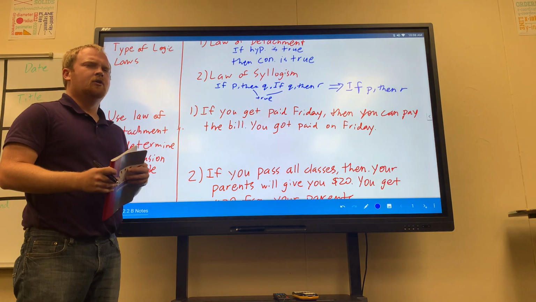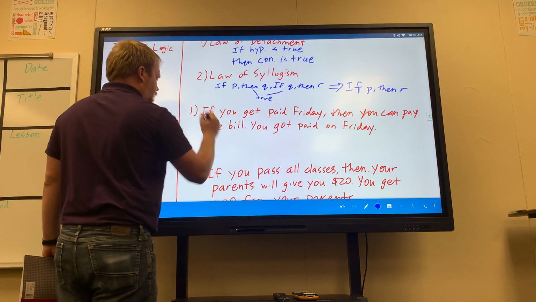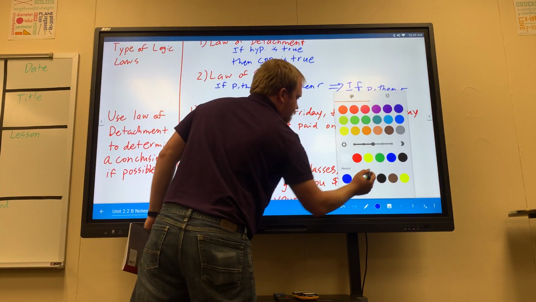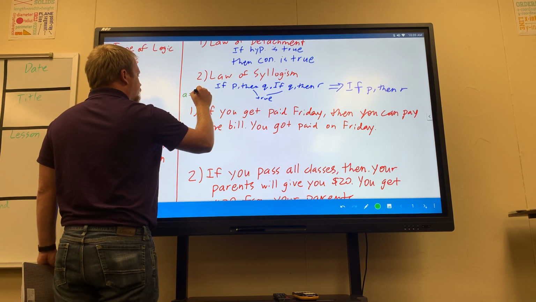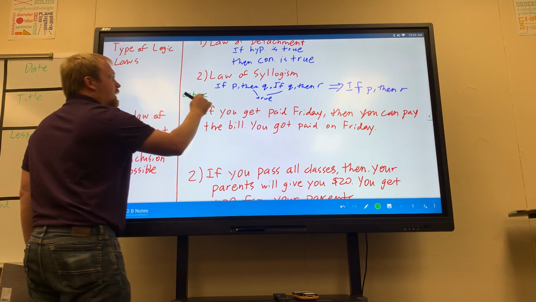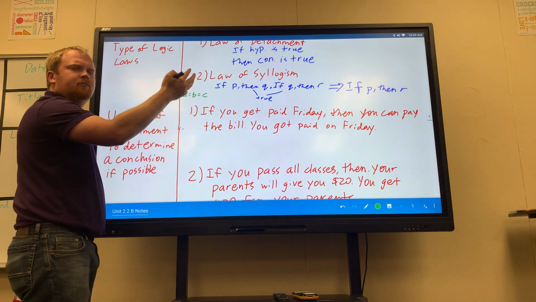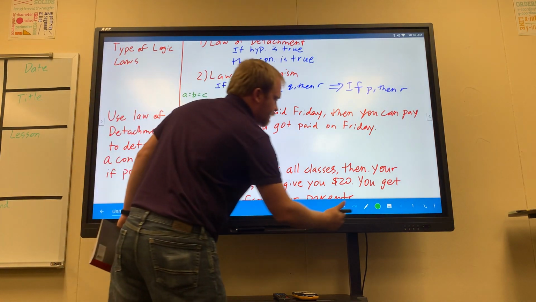It's almost kind of like a transitive property, you don't have to write this down, where it says if A equals B and B equals C, then A equals C. That's basically what it's saying.